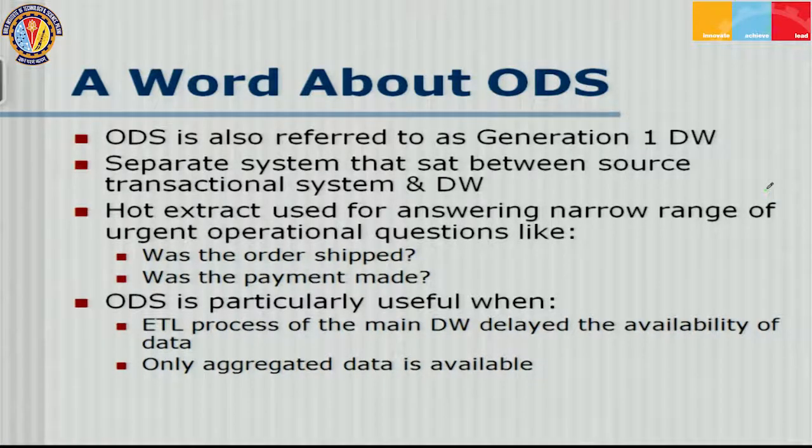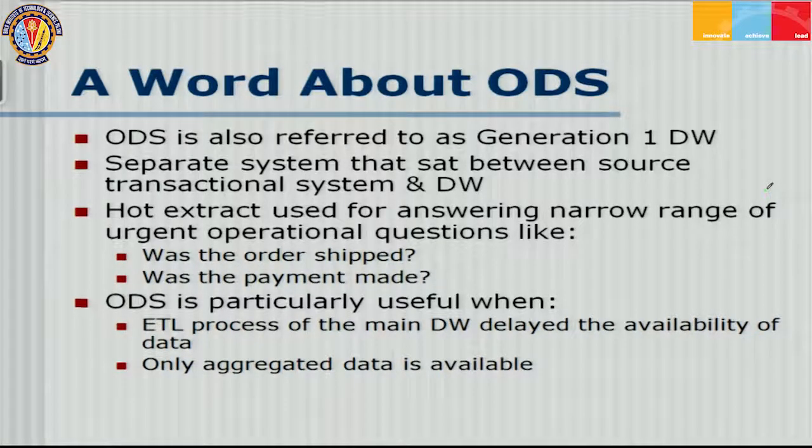ODS, if you recall, is also called a Generation 1 data warehouse, and it's a separate system that sits between the source transactional systems and the data warehouse. The hot extract is used for answering a narrow range of urgent operational questions, like was the order shipped or was the payment made.